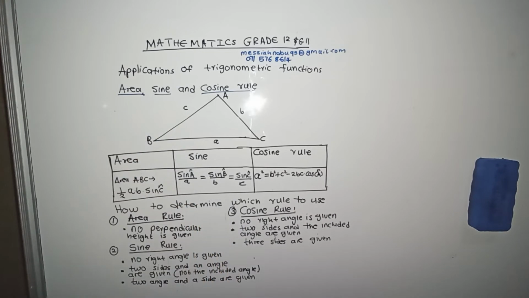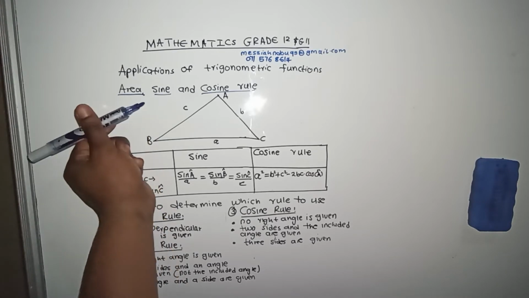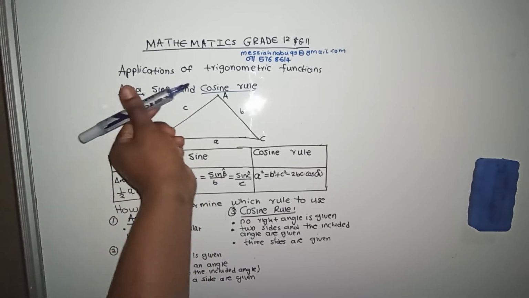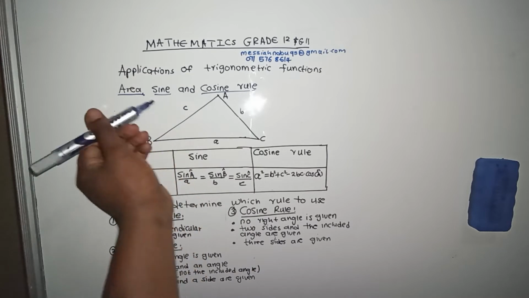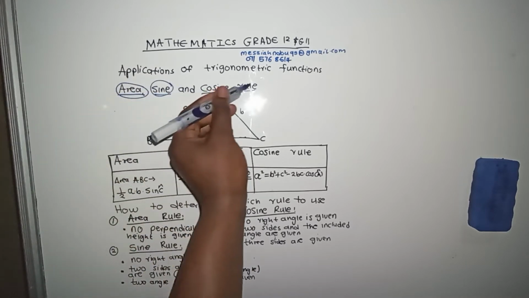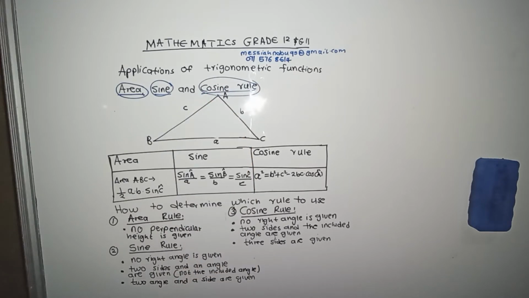We're going to apply all these rules on any given triangle, depending on the properties under this checklist. So I'm going to explain each of the rules that you are seeing here. The applications of trigonometry just consist of three rules: your area rule, sine rule, and cosine rule.